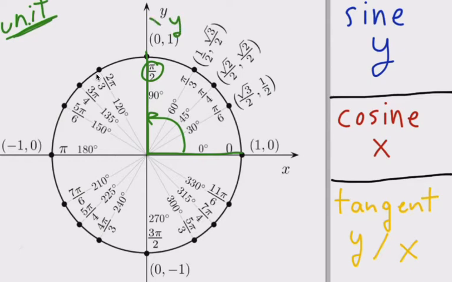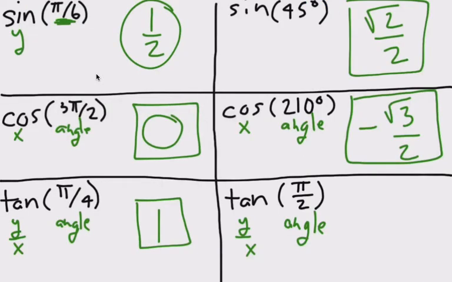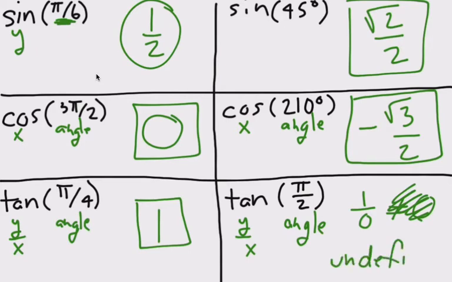That's my y and my x. So I'd do 1 divided by 0. And hopefully remember at this point that you can never divide by 0. 1 divided by 0 is not 0. Please never say it again. 1 divided by 0 is undefined, because you cannot divide by 0.